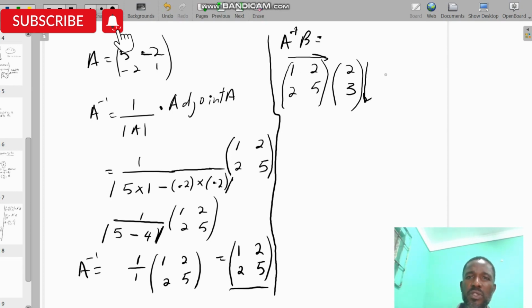So 1 times 2 will give us 2, and 2 times 3 will give us 6. Then 2 times 2 will give us 4, and 5 times 3 will give us 15. So 6 plus 2 is equal to 8, and 4 plus 15 will give us 19.